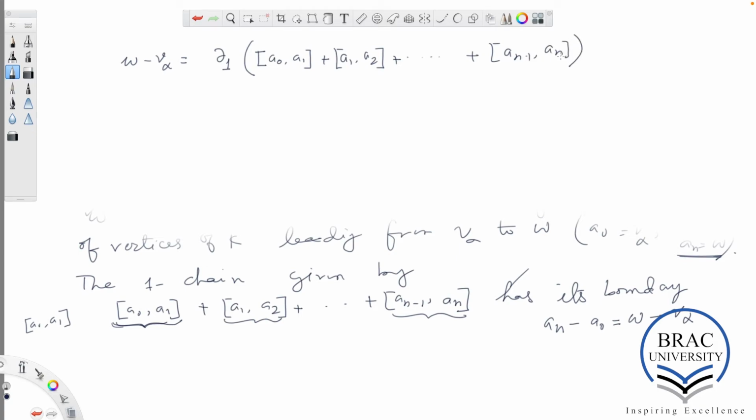So this is a one chain, and when we apply the operator delta 1 to that one chain, we get this W minus V alpha. Which means that W is equal to V alpha plus this boundary term, A0 to A1 plus all the way up to AN minus 1 to AN. Okay, so this is our equation number 2.